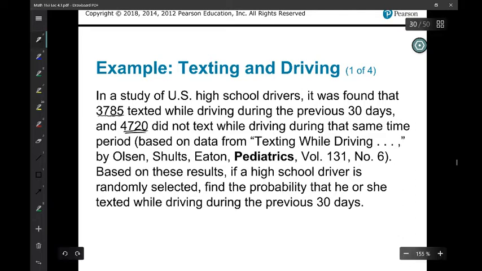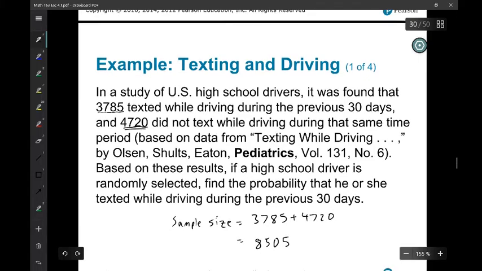Okay, so we'll use this hash symbol for size, the size of the sample, or we'll just say sample size right now, is equal to the teens that texted plus the teens that did not text while driving within the last 30 days. So let's see, that would be 8,505 total.